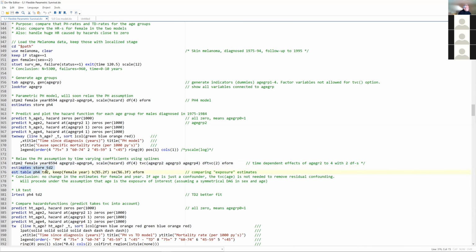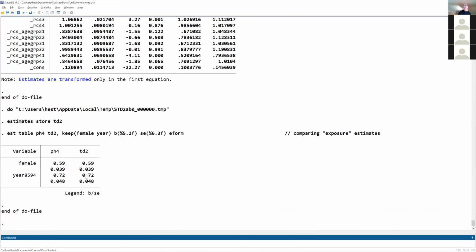And now we are looking at the effect of female and year. And now we will see something very interesting. If either female or year were our exposures and age had been a confounding variable, does it matter if we put in a time varying effect on age?